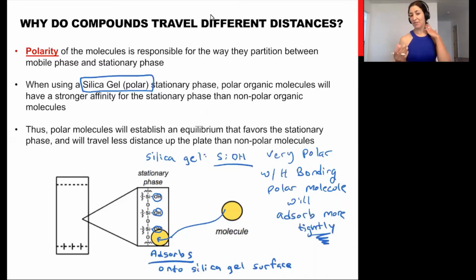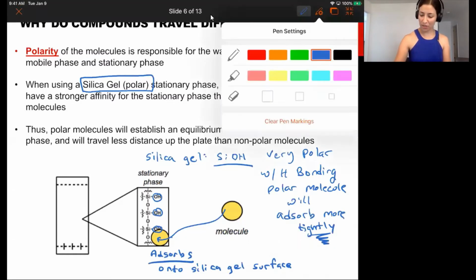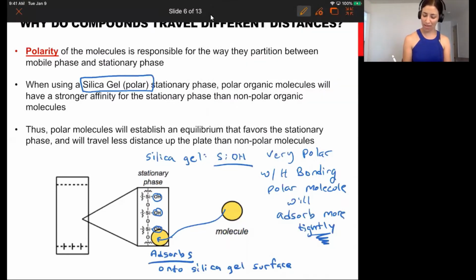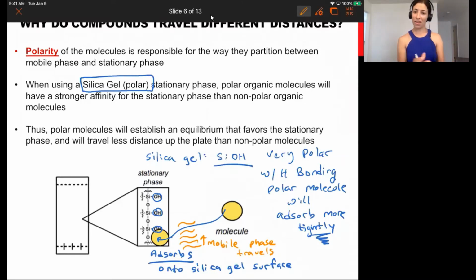So how does this affect the way that the molecule partitions as the mobile phase starts to travel through? Let's pick a new color for our mobile phase. We'll make it orange, okay? So as the mobile phase travels up the plate, the molecule can desorb off of the surface and travel up with the mobile phase, okay?